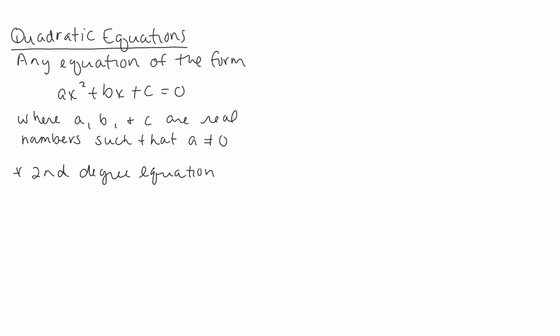And so anytime you have quadratic, think second degree polynomial, second degree equation. And so that means you have to have that x squared term. Without that x squared term, it's not quadratic, it's linear. So if a were to equal 0, this x squared term would disappear. And then you no longer have a quadratic equation, you would only then have a linear equation.